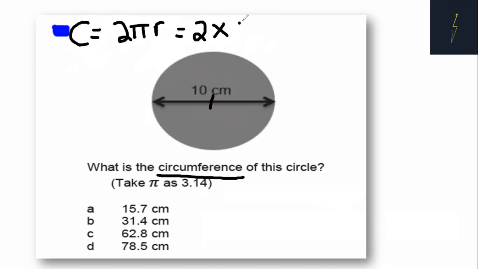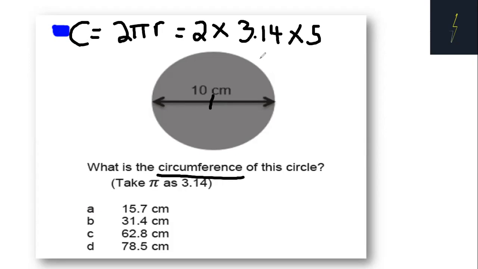2 multiplied by 3.14 times 5. What's the answer? B. All right, I'm getting B as in boy.